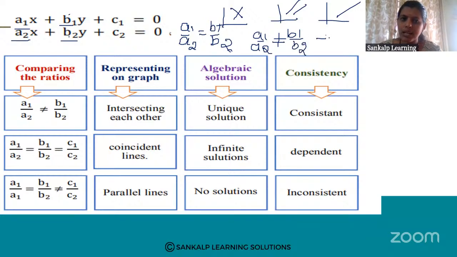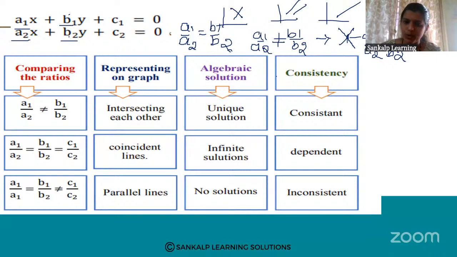That time the lines are intersecting each other. When two lines are intersecting each other, that means a1 divided by a2 is not equal to b1 divided by b2. At this condition, the lines will intersect.